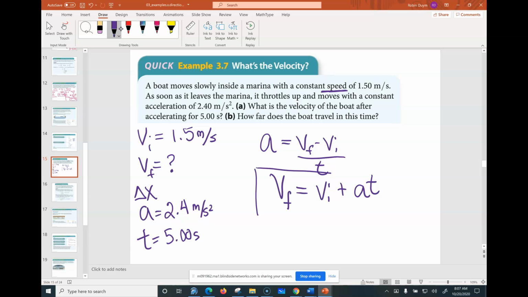This is one of those kinematic equations. So these two things really say the same exact thing. This is one of your kinematic equations. So we should be able to pop in some numbers here. We should get 1.5 plus 2.4 times 5.